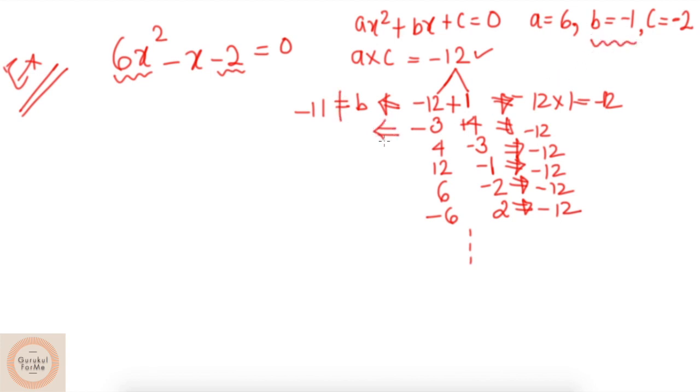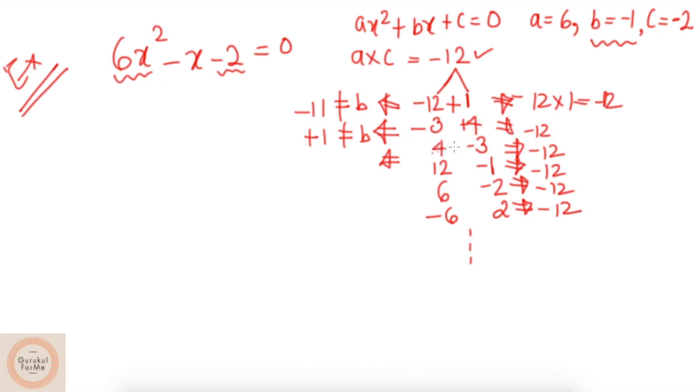Can I say that minus 3 plus 4 is equal to minus 1? No, that's equal to plus 1, which is not equal to B. The sum should be equal to B. Can I say that plus 4 and minus 3 is equal to, oh, look at that, I made a mistake. I took almost the same.